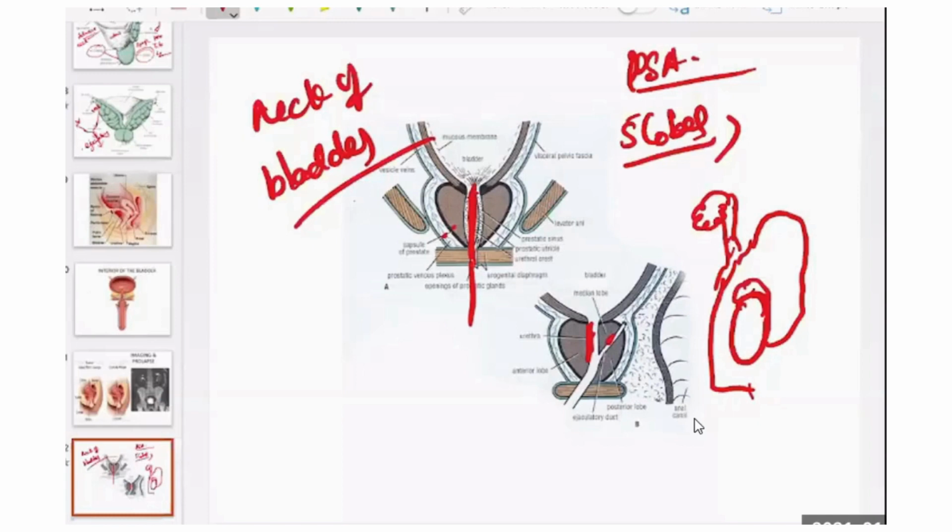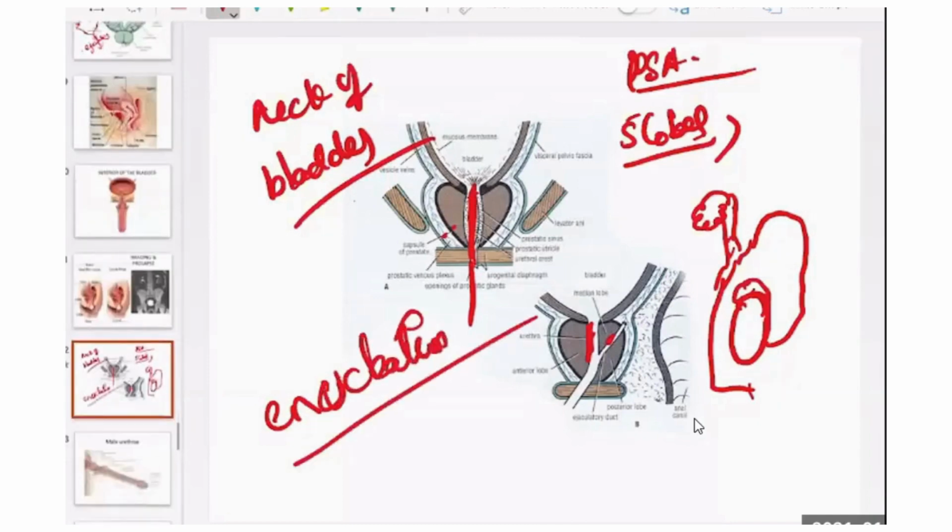But if you do prostatectomy, you have to scoop the glandular substance, which is made up of acini only. Like the parotid, you have to scoop out the acini around the membranous part of the urethra and take it out. That is called enucleation.